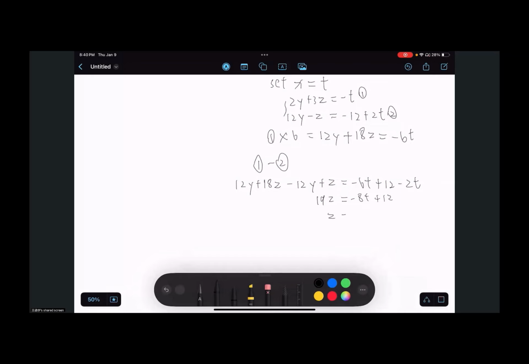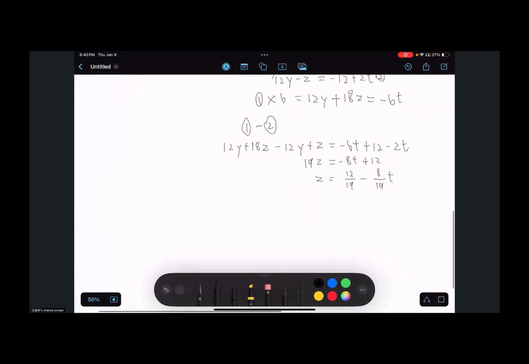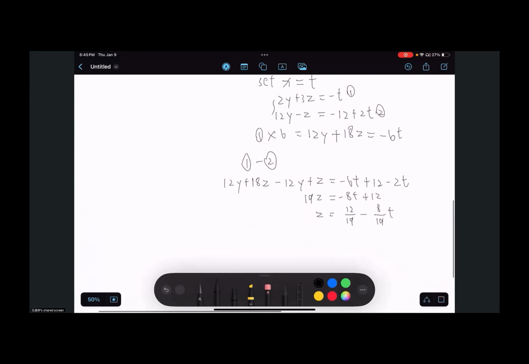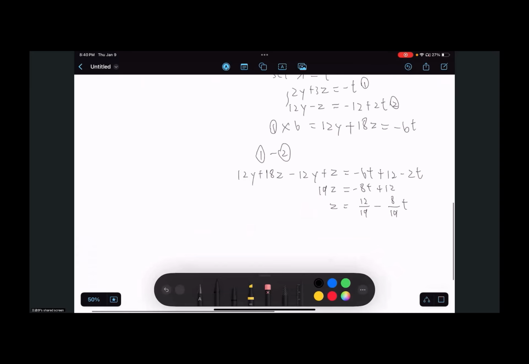So we got z equals, no, 12 over 19 minus 8 over 19t. So we solved that, and then we need to solve for y.